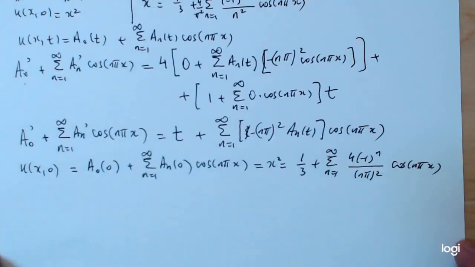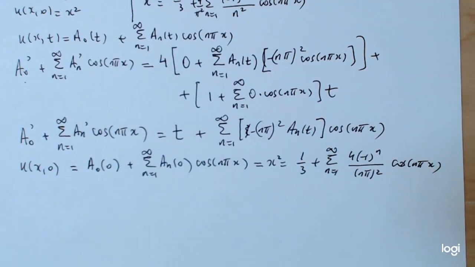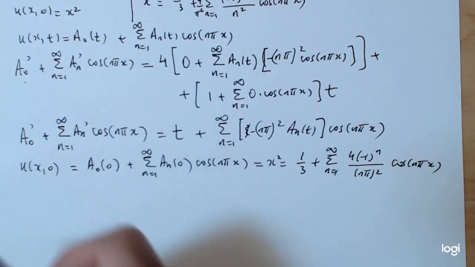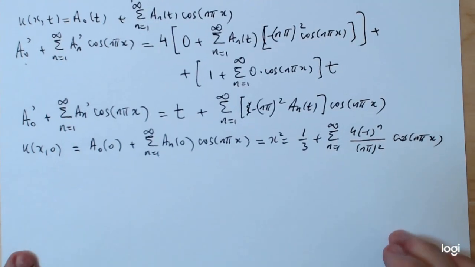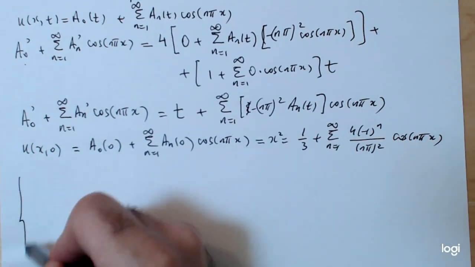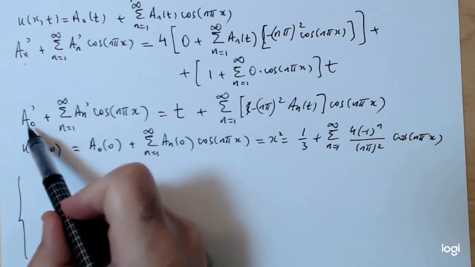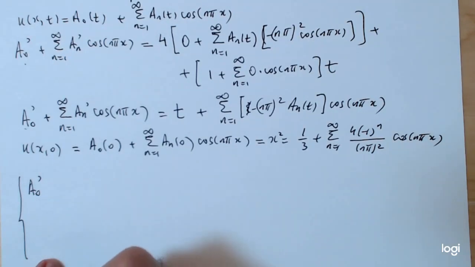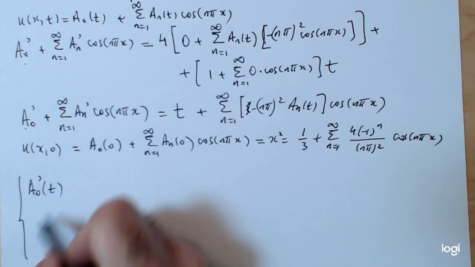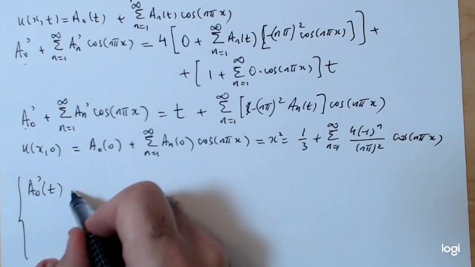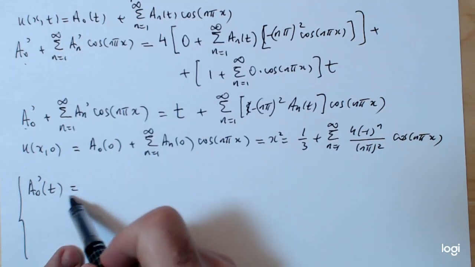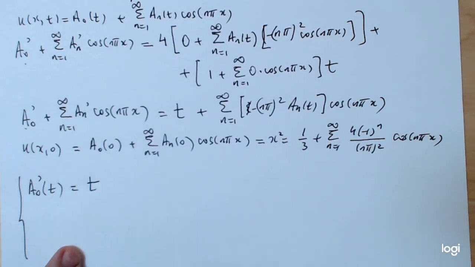So now how do you find a naught? Well, you have essentially two differential equations because of this extra term on the outside. So look carefully. When we do the matching equations, what do we get? A naught prime. Again, if that's not clear that it's a function of t, you can write it of t, but you shouldn't need that. I mean, it's obvious that a naught, a n are functions of t. Say a naught prime of t equals t.